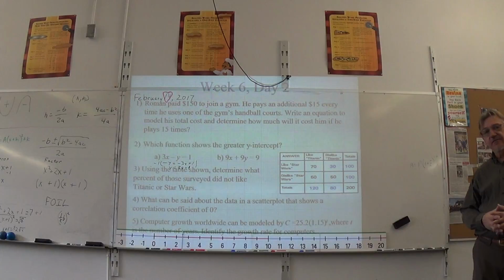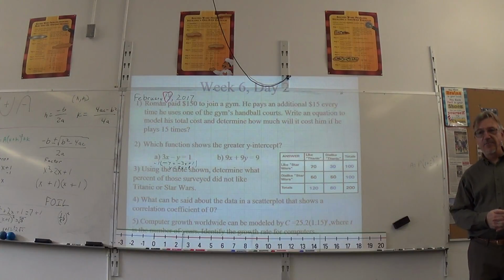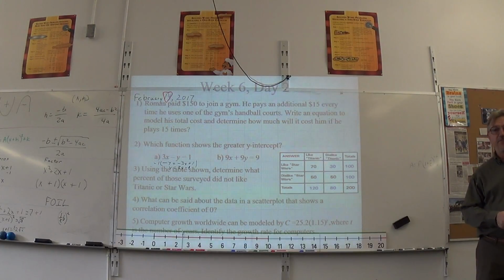Here we go. Number 5. If computer growth is modeled by C equals 25.2 times 1.15 to the power of t, where t is the number of years, identify the growth rate of computers. 15%.